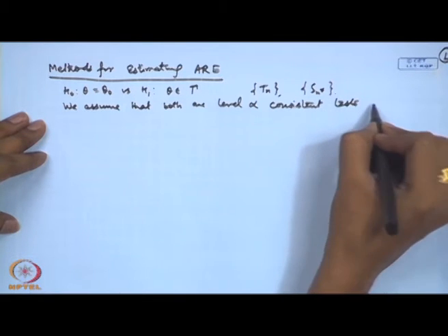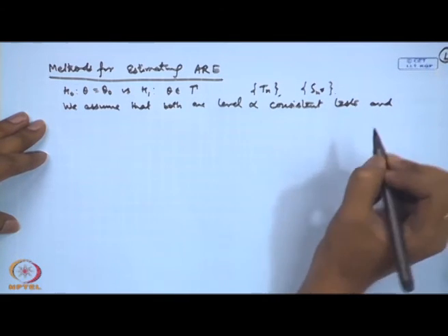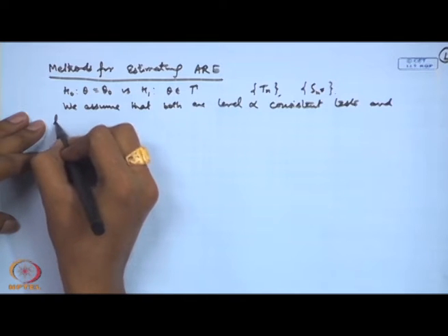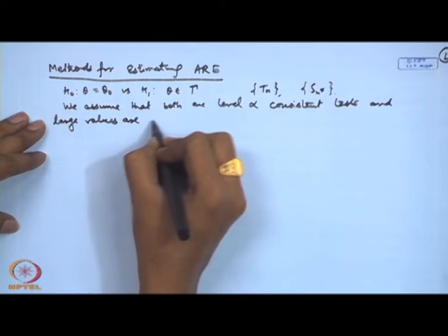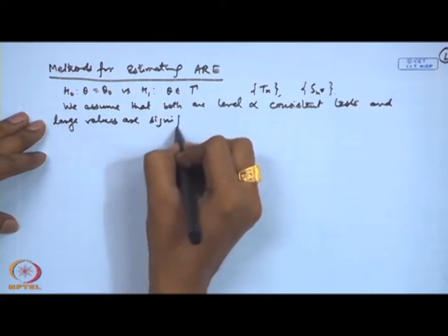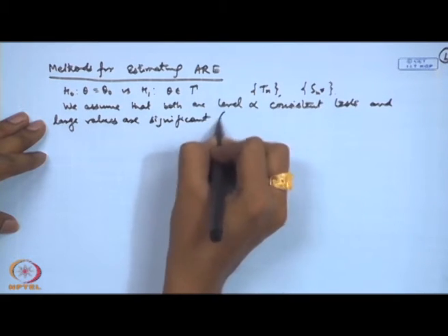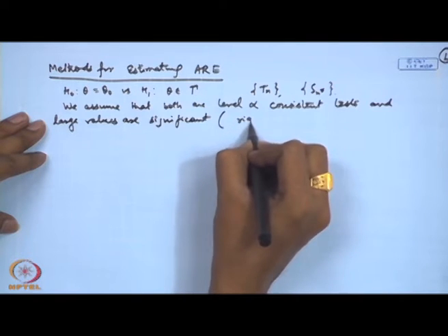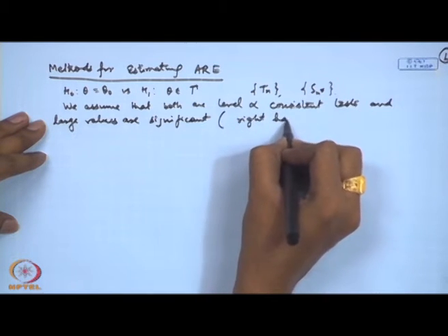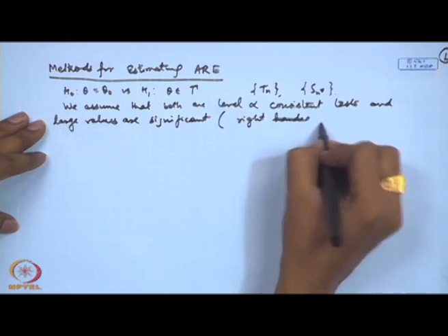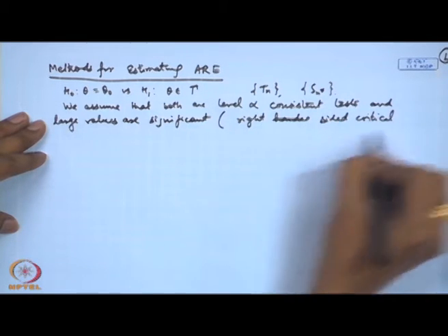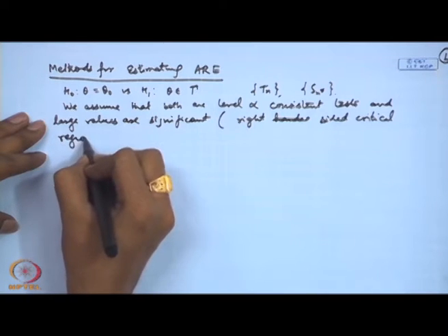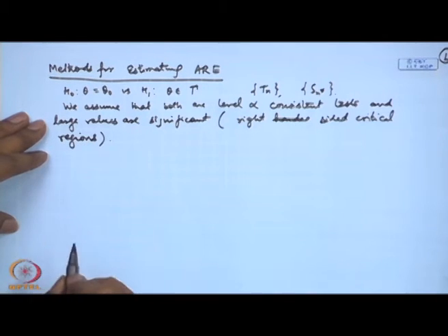That means they are one sided, let me say, and large values are significant. Basically, it means that we are having right handed critical regions. This is just for convenience, otherwise to compare two tests it will become quite complicated.